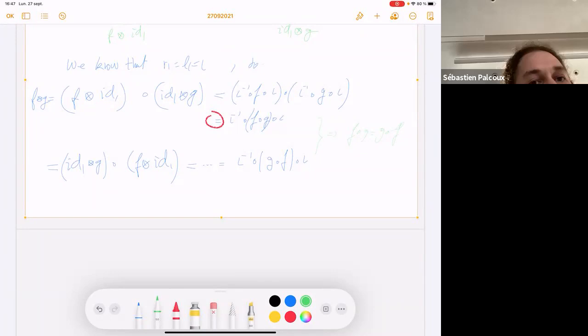You just multiply by the isomorphism, you simplify it, so it's okay. So the proof is finished.